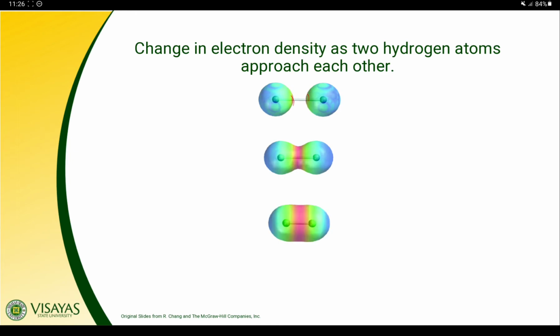And then we start to have electron density between the two atoms until such time that we have our optimum distance between the two atoms and the stable hydrogen molecule is formed. So now we have the overlap of the s orbitals of hydrogen atoms, and now we have our bond formed.